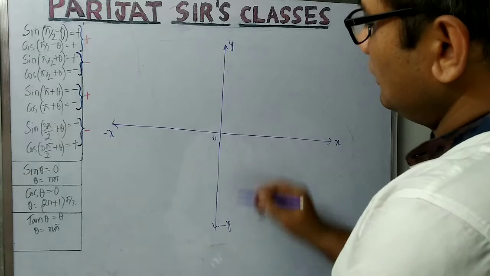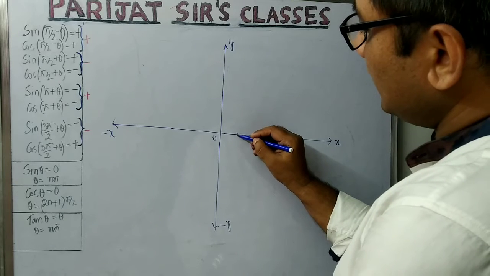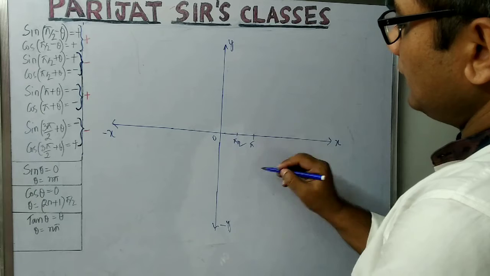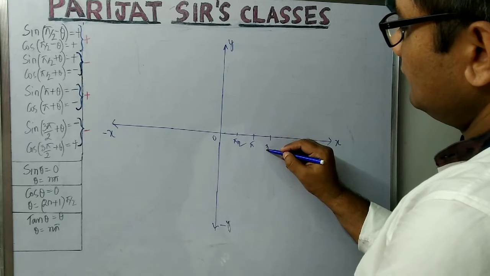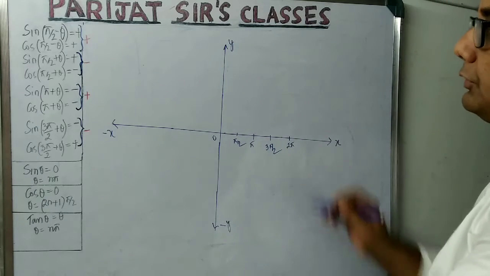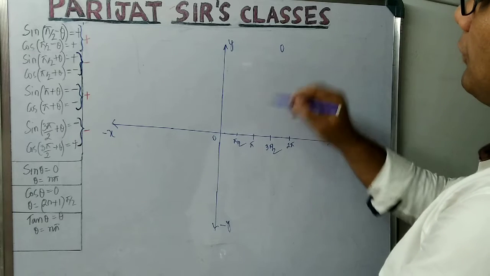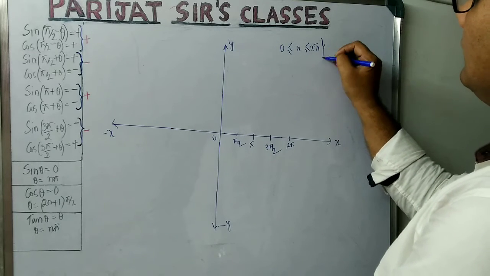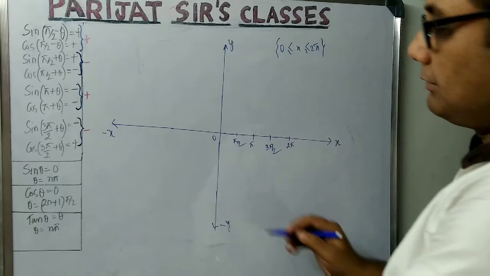Here is 0. Here I take pi by 2, here pi, this is 3 pi by 2, and this is 2 pi. We will follow from 0 to 2 pi. This is the range we will follow generally.